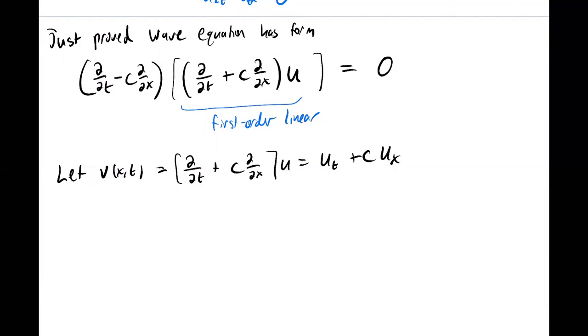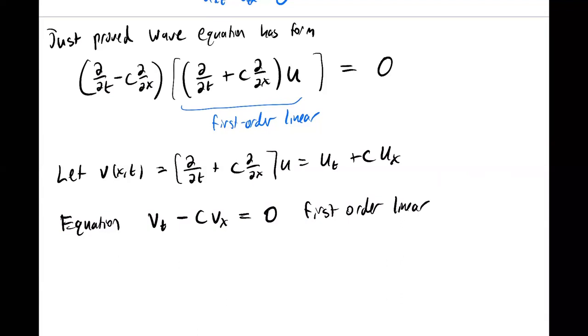And so the equation above is just, if I plug in v here, I get v_t minus c times v_x is equal to 0. And this is indeed like a first order linear equation.